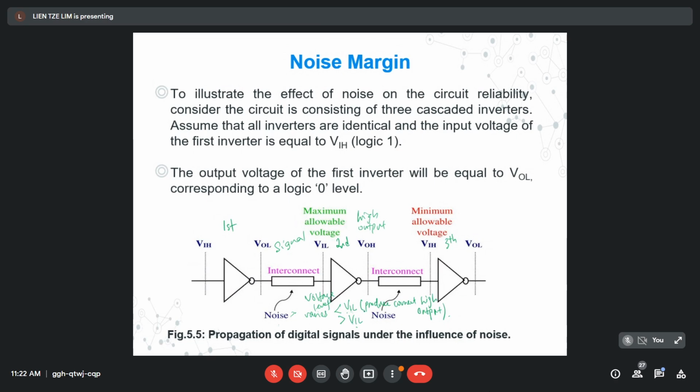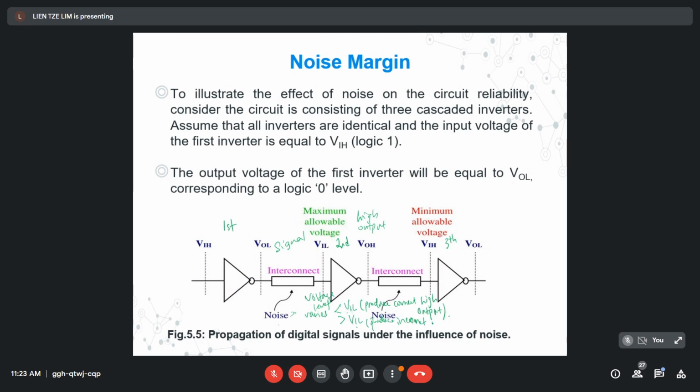Okay, so if there is some noise added into the signal, and the voltage level changes to be higher than VIL, it means that it will produce an incorrect output.